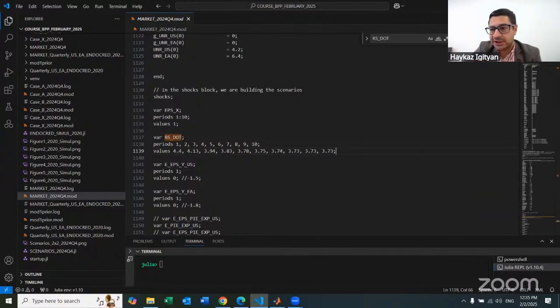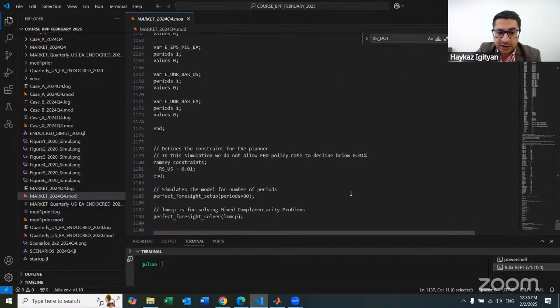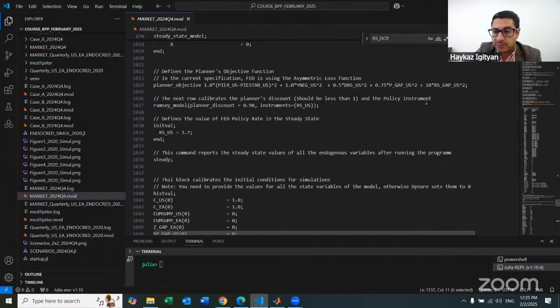That's what it's doing. Yeah, we are saying that we want the model implied interest rate to be closer to the Fed expectation, which is here. And how do we do that? We do all these steps, but also in the loss function, we put a high weight on this.